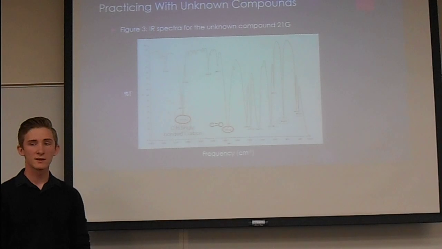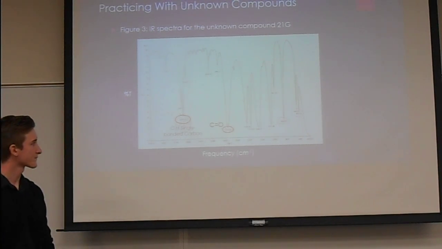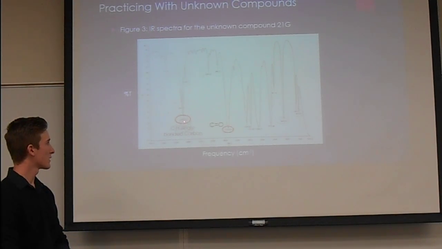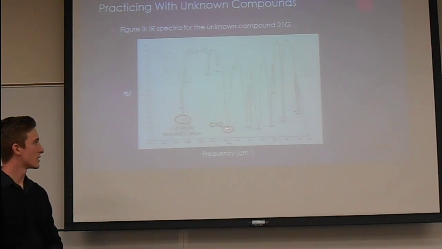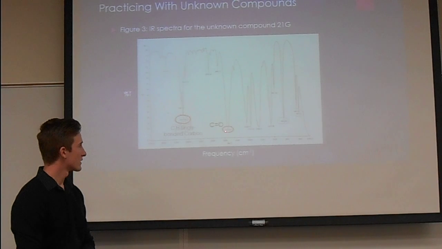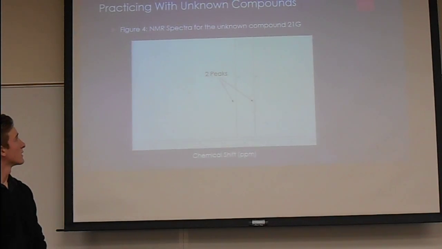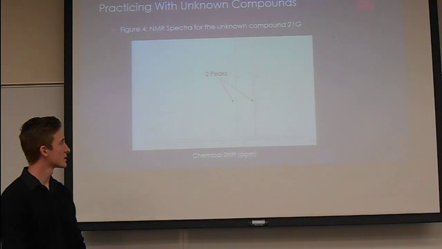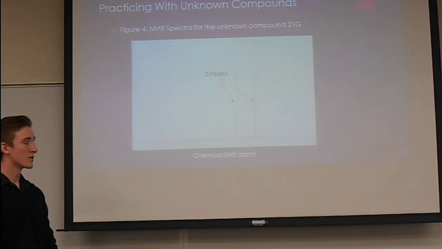The different peaks that I identified on the infrared spectra were a CH, carbon singly bonded to hydrogen, here with a value of 2,957, and C double bonded to an O with a value of 1,747. The NMR spectra for 21G showed 2 peaks, each with a value of 1.